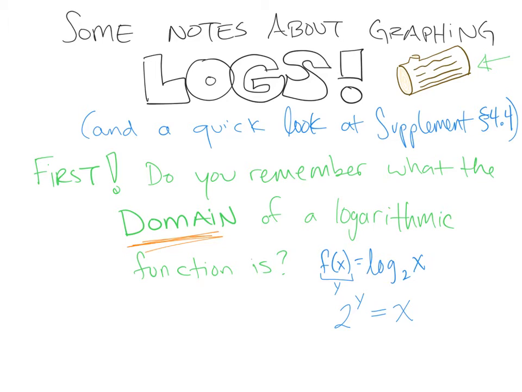Now, note a few very important things. Number 1, 2 is our base, and as such, 2 is a positive number. Is there any exponent that you can think of that, if we apply it to 2, will result in a negative number? Your answer should be no. There are no exponents that would result in x being a negative number, so we know that x has to be positive.